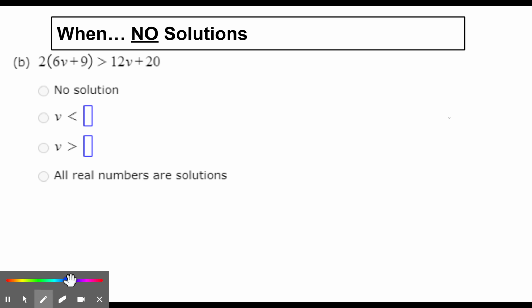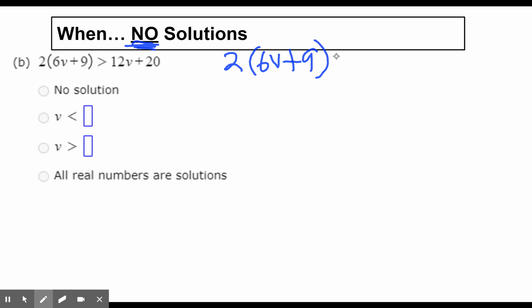Okay, next example. This is what it looks like when there's no solutions. So first things first, let's copy this down. 2 times (6 times some number v plus 9) is greater than 12 times some number v plus 20.